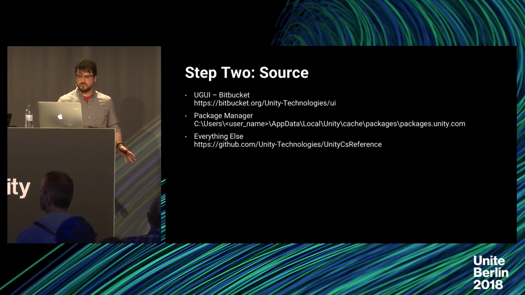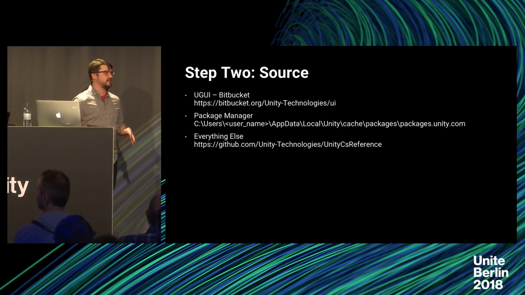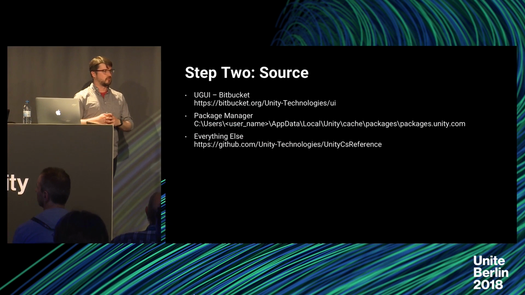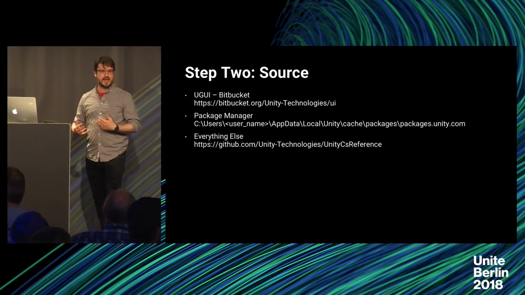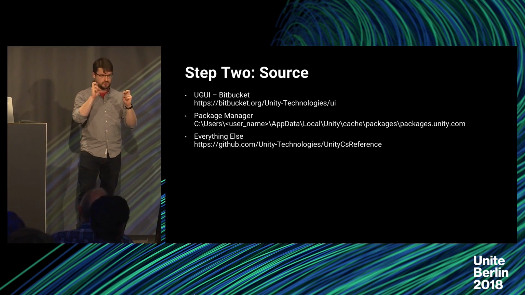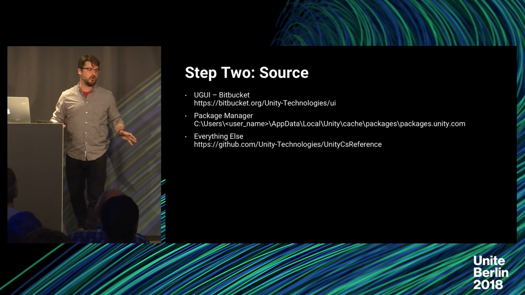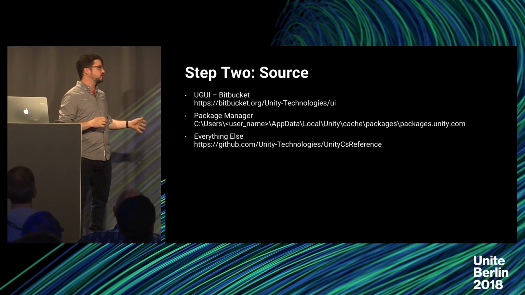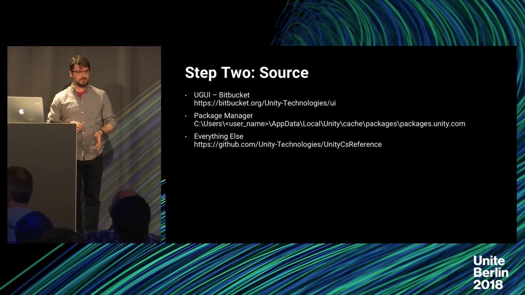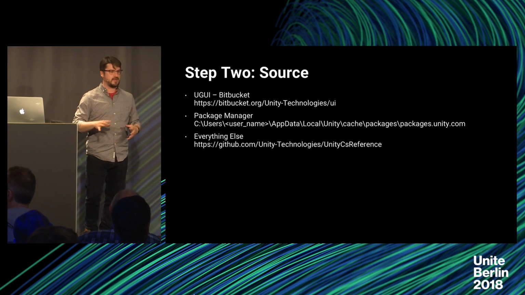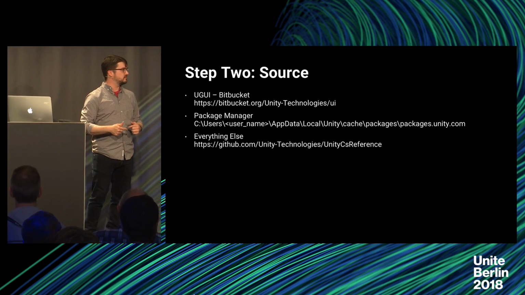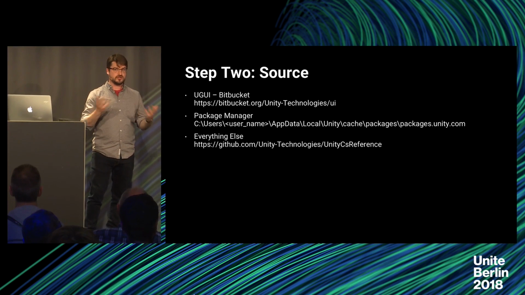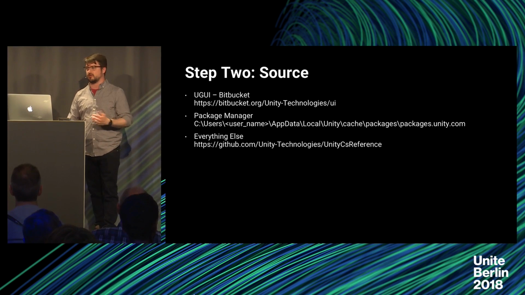So the next step is to find the source for whatever the profiler is telling you to look into. I don't know if you were aware of this, but we actually have open sourced a ton of Unity at this point. Our entire UGUI system has been on Bitbucket for forever. The package manager, I don't know how many of you have moved over to the package manager in 2018, but every package you download from there gets installed on your machine with all of its source, searchable, findable, editable.